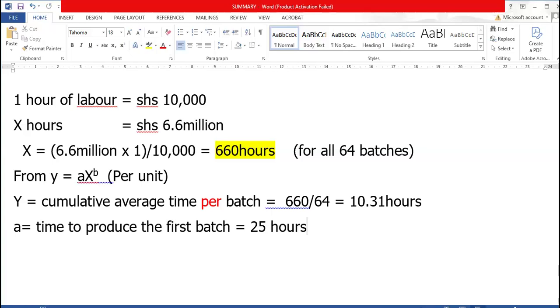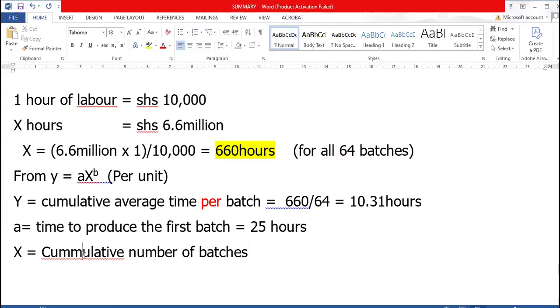Okay, so here, what will be your x? By coincidence, it is x. Your x is what? This is the cumulative number of units. But here we are talking about batches.